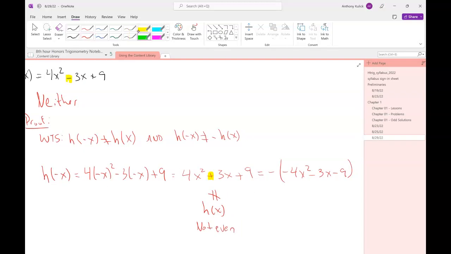Is the part inside the parentheses identical to h of x? No, right? So what can I say? It's not odd. If it's not even and it's not odd, it's got to be neither. So I'm done.